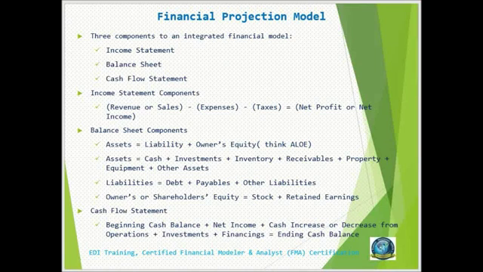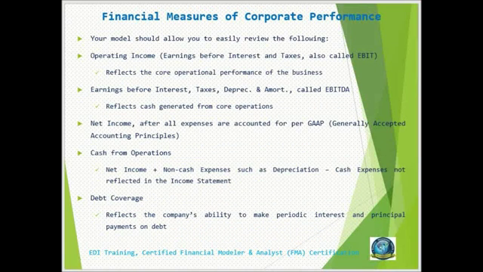Now, a typical model should allow you or the executives at the company to very quickly, in one glance, understand what's the operating income, what are the key parameters, what's the earnings before interest, taxes, depreciation, and amortization, also called the EBITDA. What is the net income?